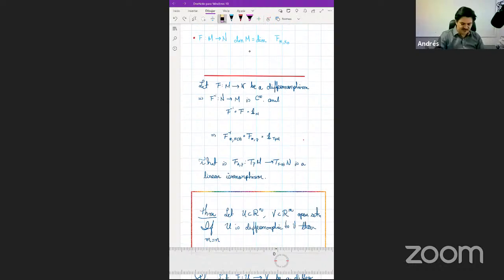Something that we used before. If two open sets of Euclidean space are diffeomorphic, then the Euclidean spaces must have the same dimension. Remember that we use this in our concept of dimension of a manifold, right?